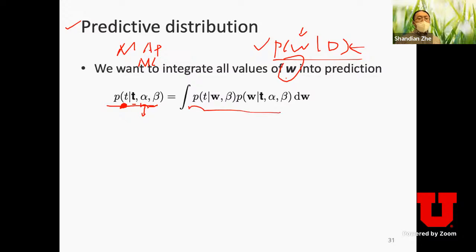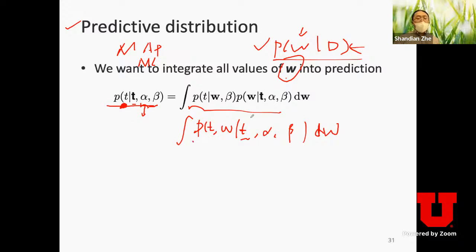Essentially, we can first consider the joint posterior of your prediction and the model parameter W given the training data. Here the T tilde indicates the prediction, and bold T the training targets, and we also have the hyperparameters. Then we marginalize out W from this joint posterior distribution.